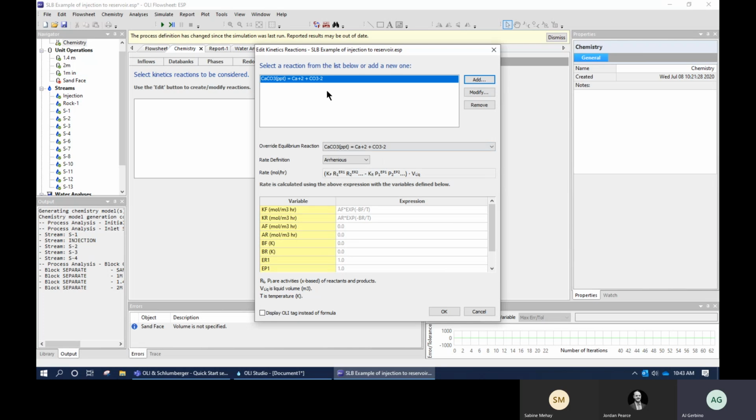I could either use just a basic rate function that will be driven by an Arrhenius equation. So what it means is I'll take the change in calcium carbonate solid is equal to the change in this plus the change in that, and then here it is. This is my rate expression. So this is the forward rate constant and the expression. Here's the reverse rate constant and the expression, multiplied by the volume of the liquid.